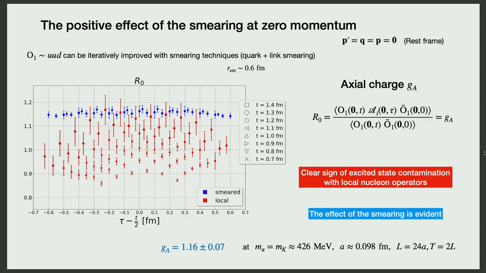You can see here that while the red data points show a clear time dependence, so local nucleon operators suffer from excited state contamination, the blue data points are fairly flat within the statistical precision of our, let's say, coarse ensemble for this simulation. And so the smearing has a very positive effect on the extraction of this axial charge. And we use the extraction of the value of gA as a reference for all the other channels.